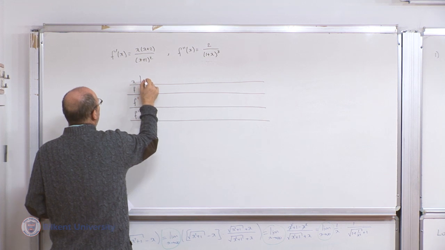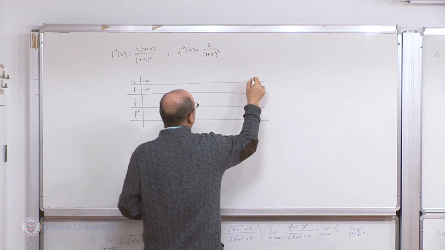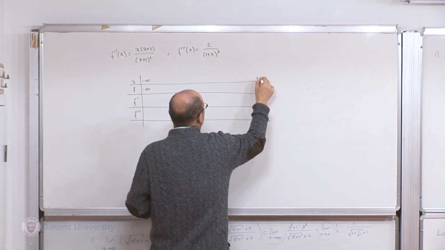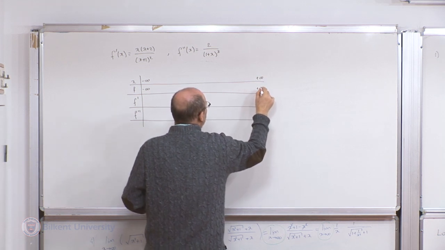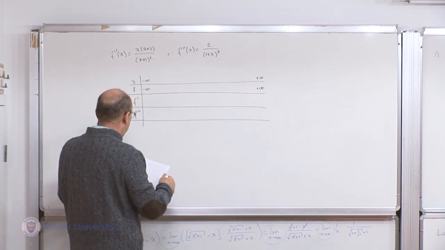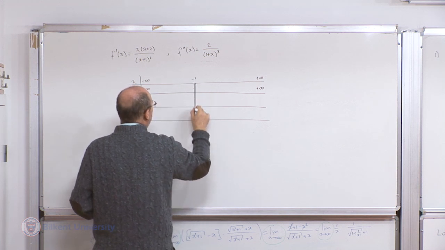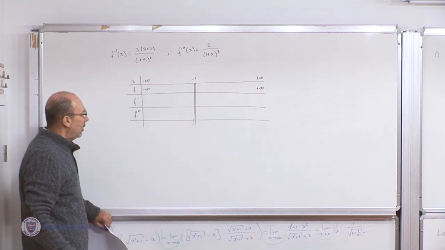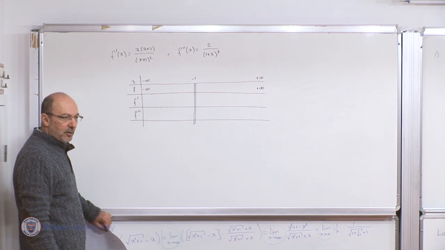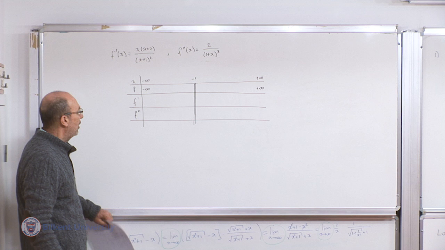So when x goes to minus infinity, we found that f goes to minus infinity. When x goes to plus infinity, our function is going to plus infinity. The function is not defined at minus 1. Remember, this is the universal sign we use to denote that these things are not defined there.